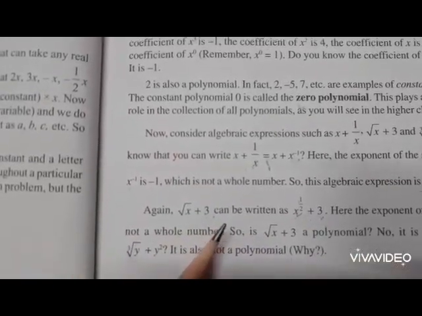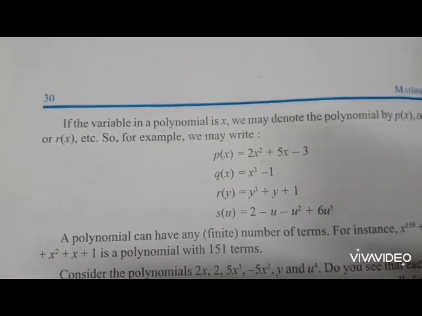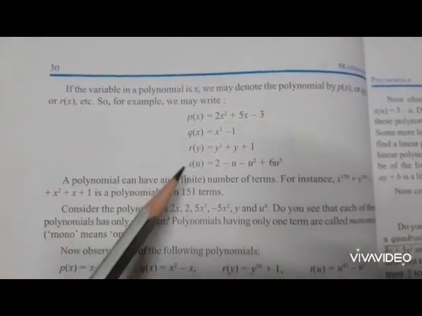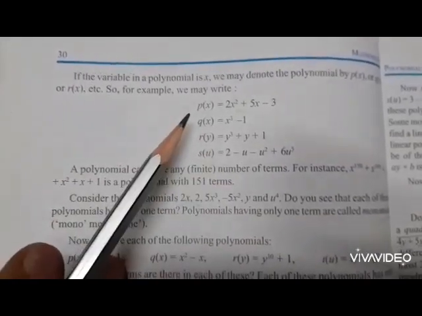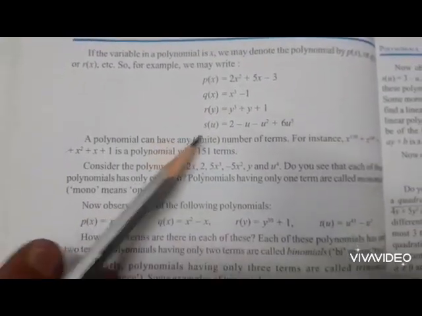We will come to know about the zeros of a polynomial. Here we have so many different kinds of polynomials. They are represented as px, qx, ry, su, like that.